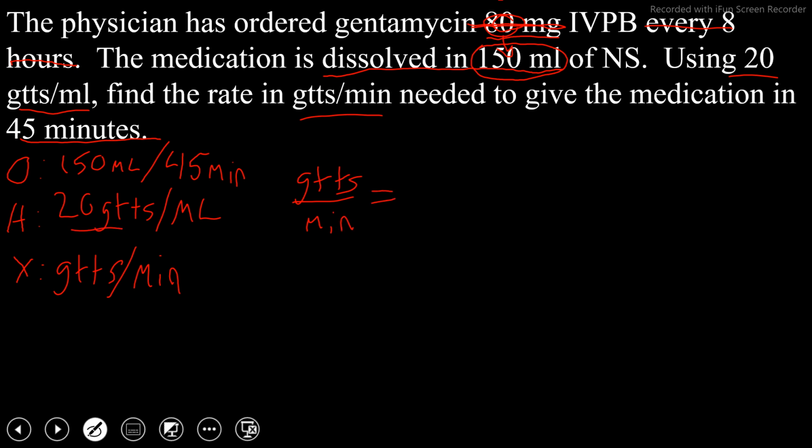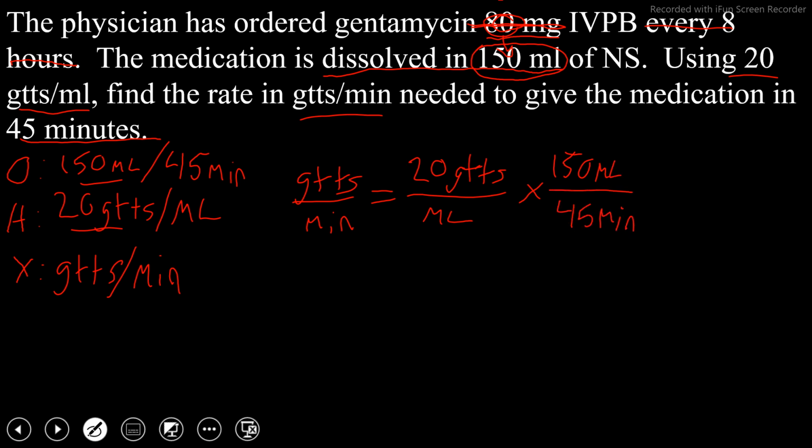Here's the drops, 20 drops per ml. We want to cancel out the ml, so we have the 150 there. 150 ml over 45 minutes. Now we can cancel things out, so ml, we're left with drops per minute.